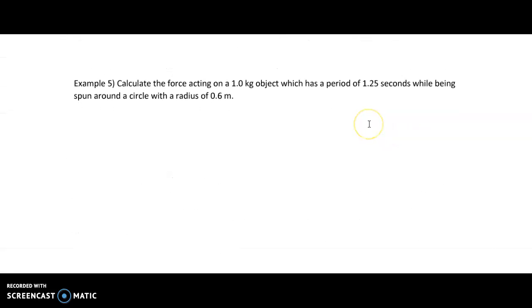Well, what happens if we don't have the acceleration, Mr. Dunbar? Well, I'm so glad you asked. Here we're asked to find the centripetal force. We got a 1 kilogram object. We've been given a period and a radius. Because we don't have the speed, we could first of all find the speed to find the acceleration, to find the force, or we could just plug that all in together. F equals m a, where a is 4 pi squared r over t squared.